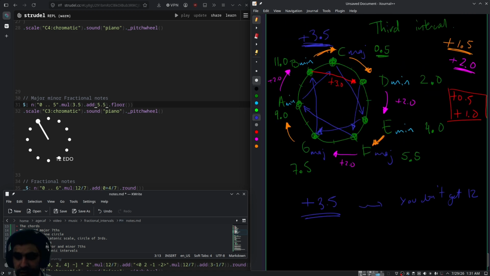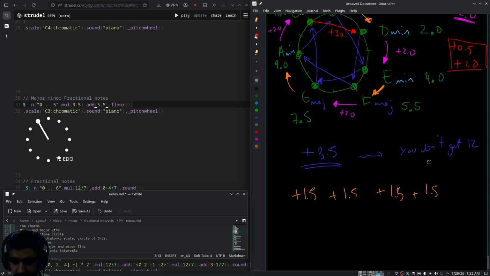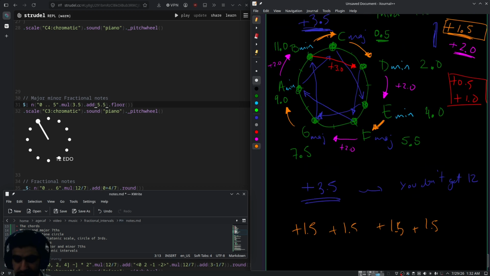Another one is that you can start thinking about these intervals and how they work here, and maybe play around with them. So for example, plus 1.5 is quite common, but you don't often do plus 1.5, plus 1.5, plus 1.5, plus 1.5, right? Because there's only one case where there's two plus 1.5s back to back.